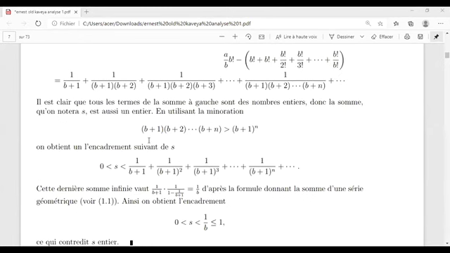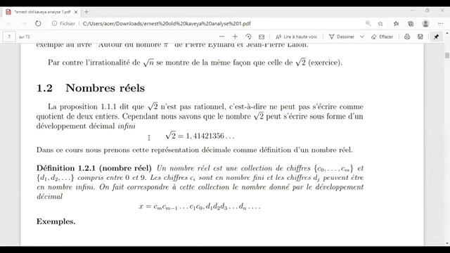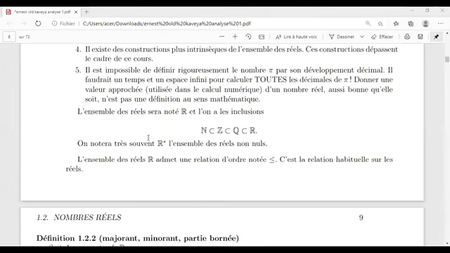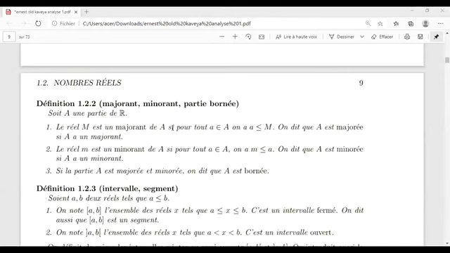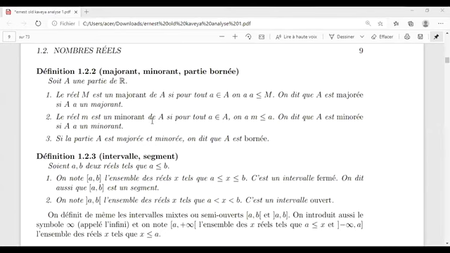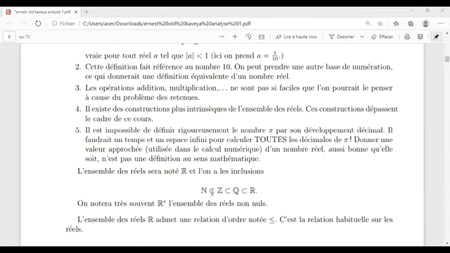Again. Yes, there. Oui. No, not there on the majorant, just a bit up. Where we had, yes, there, where we have the N, Z, Q, R.